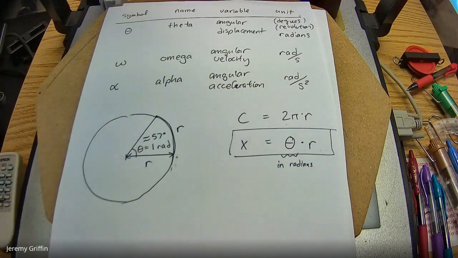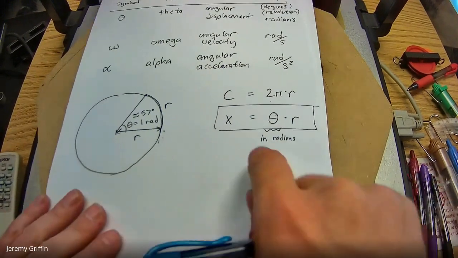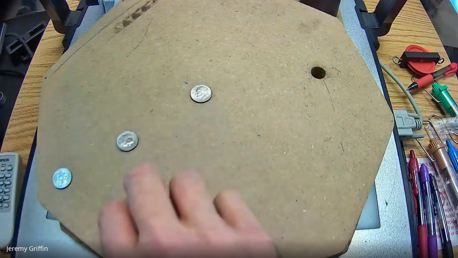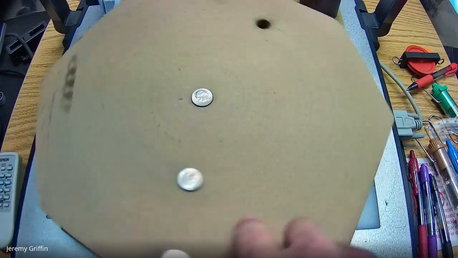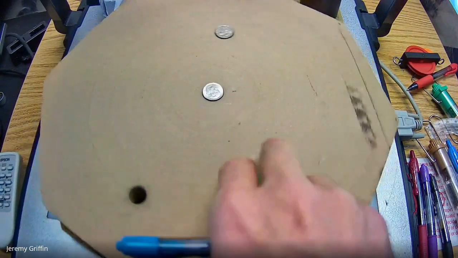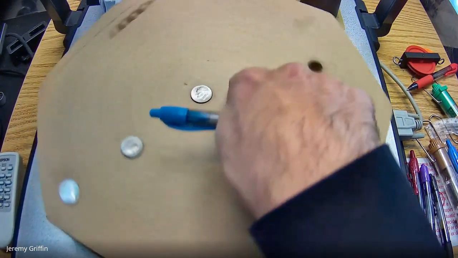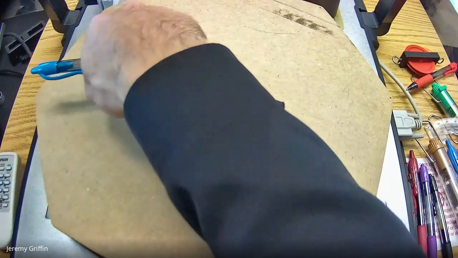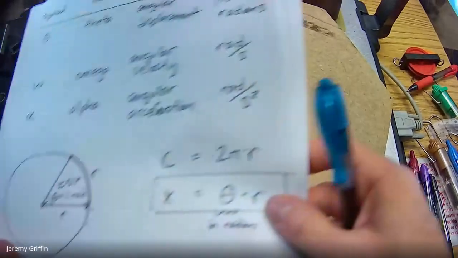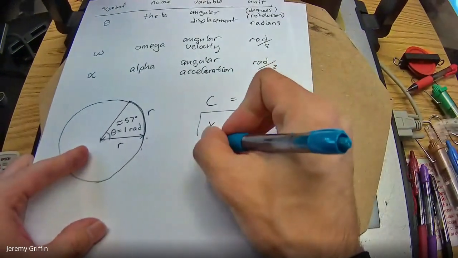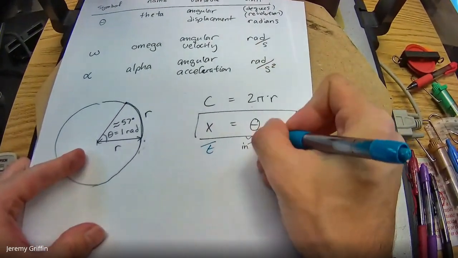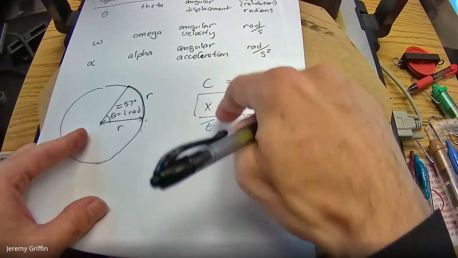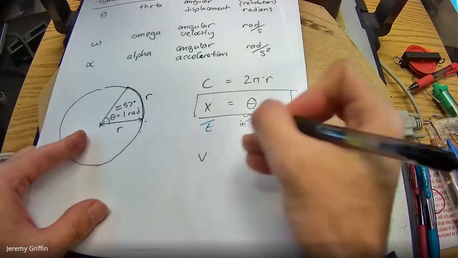Do you guys think there's also a way to relate angular velocity to linear velocity? Like these speeds, right? The middle one has what speed? 0 meters per second, right? But the further out you get, the faster you're going, like if I point a radar gun at them. Do you guys think that you could divide both sides of this equation by time and get something like, what is x over t? That's v.